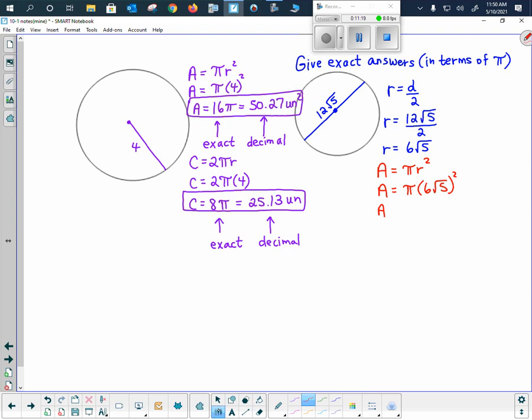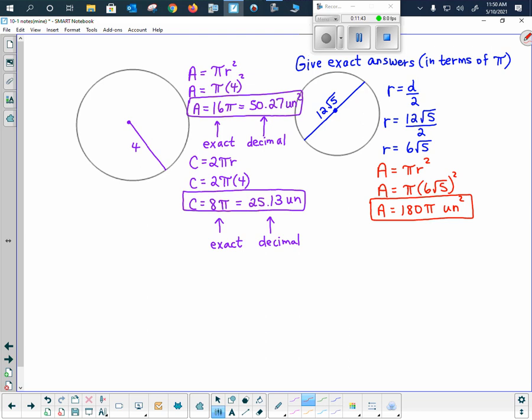Remember, our shortcut for 6 root 5 squared is 6 times 6 times 5. So 36 times 5 is 180, and it would need to be multiplied by pi. So 180 pi units squared would be a full credit answer for the area.